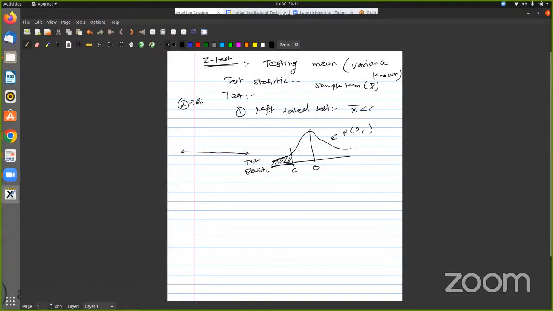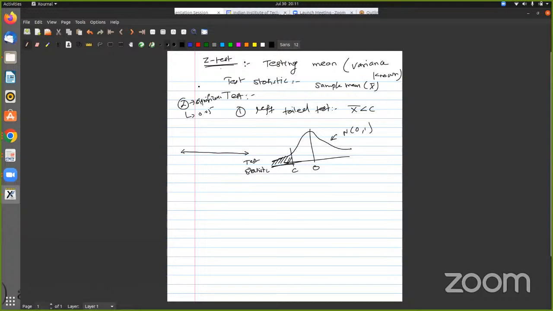Alpha is a significance level, right? Generally it will be like 0.05. That means with 95% chance we are not going to reject the null hypothesis, right?